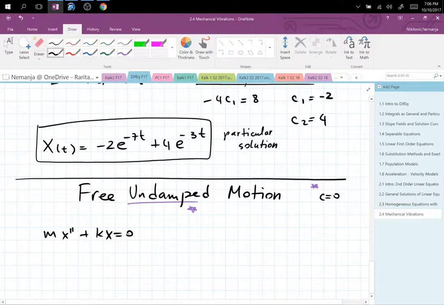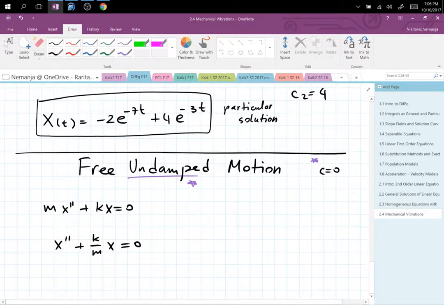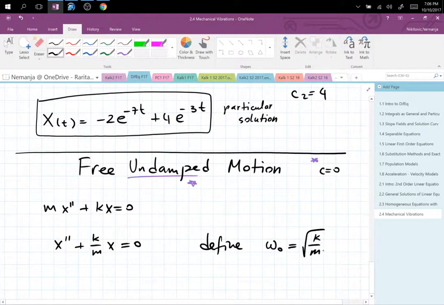And if you divide everywhere by m, you get k over m x equal to 0. Now define, and we'll see why, omega 0 to be the square root of k over m.